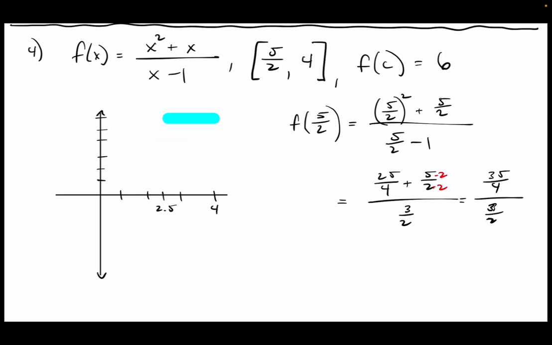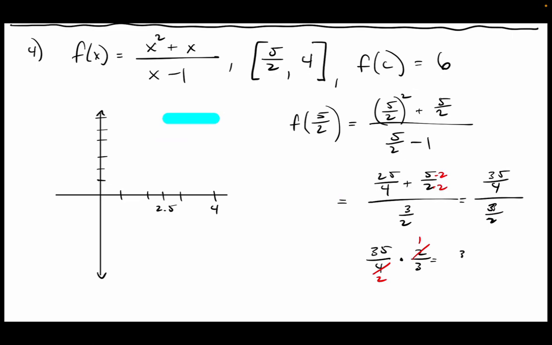And then 3 over 2 is 1.5. If you're dividing fractions, remember, keep the first one, change to multiplication, flip the second one. Then you can do some cross canceling. You can divide both of these by 2.